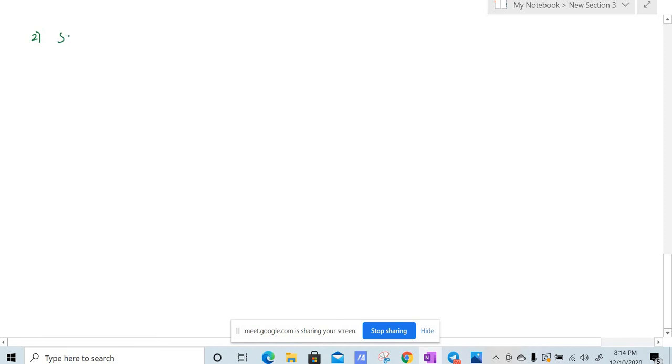So this is very elementary. If you know how to use a calculator, you can score marks. Solve by the Gauss-Seidel method.